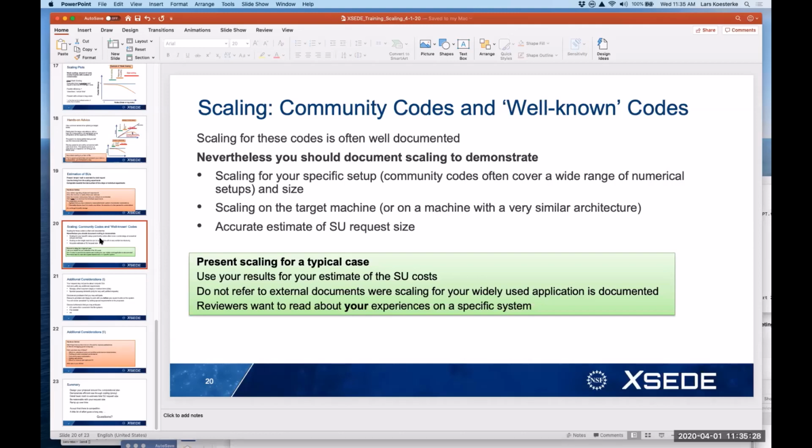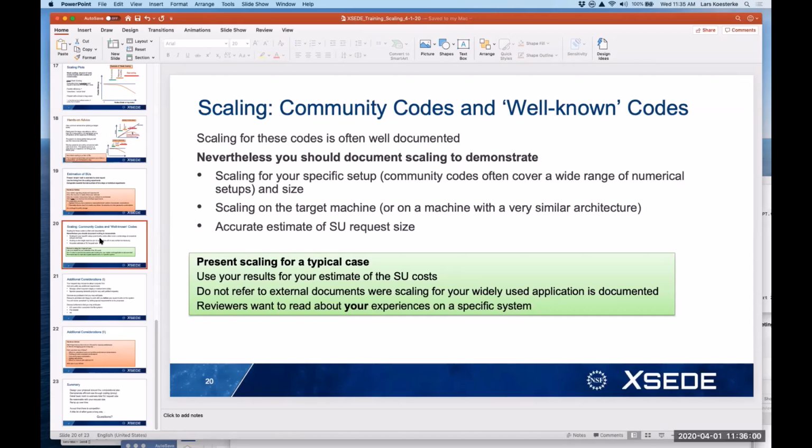And again, you present scaling for a typical case, you use your results to estimate your SU cost, and please do not refer to external documents when you discuss scalings. When I review proposals and there is, and here you can look at this widely known document, I'm not interested in reading more stuff than the 10 pages that you submit in the actual proposal.